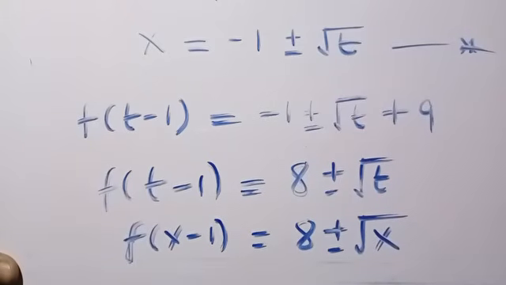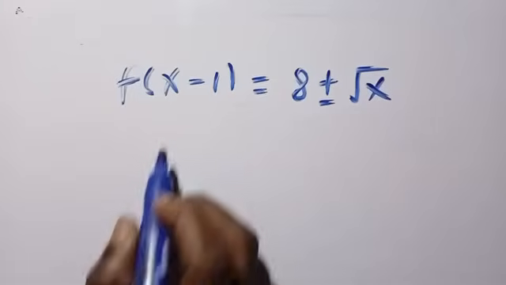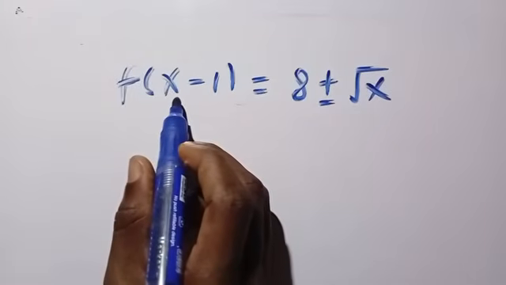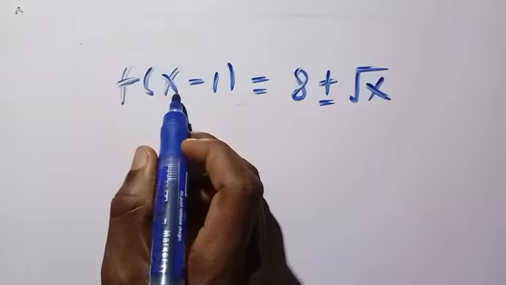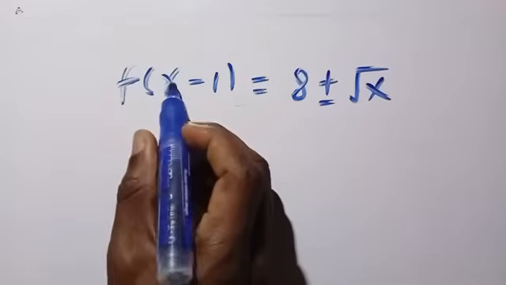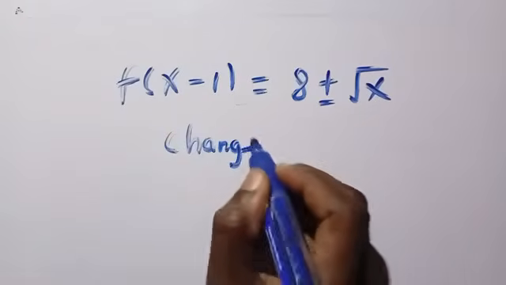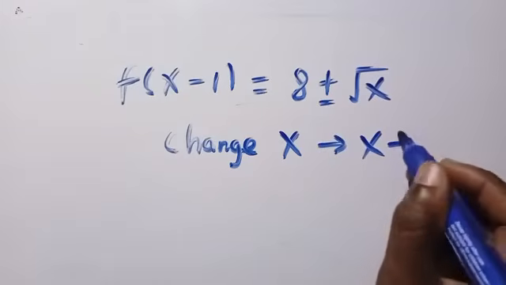So getting to this stage, we also need to find f of x, not f of x minus 1. So as the next step, here we need f of x, and this is x minus 1. For us to have x in this, it means that we are going to change x to x plus 1.